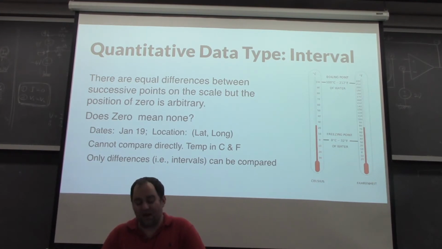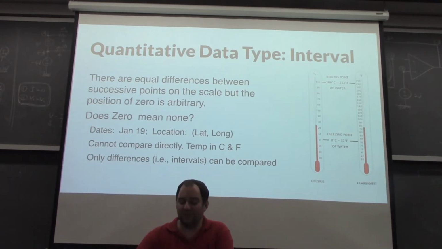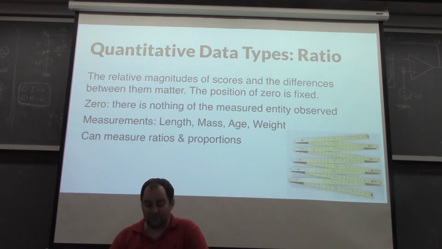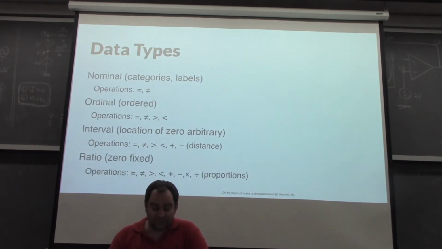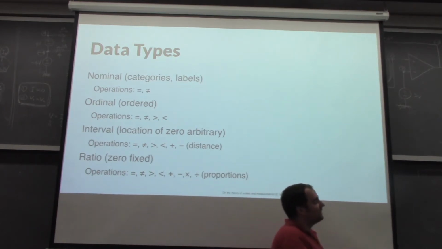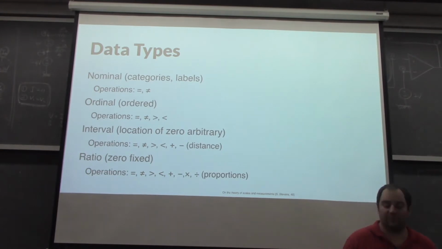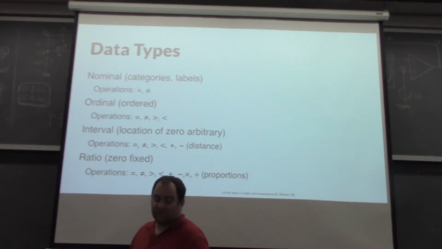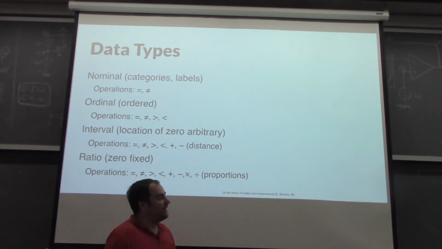If you have a meaningful 0, then you have a quantitative ratio type, and if you don't have a well-defined 0, such as, for example, in temperature or a year, then you have an interval quantitative data type. And so this table sums this up. The nominal data type only allows us to evaluate equality or inequality. For ordinal data, we can also define the order.